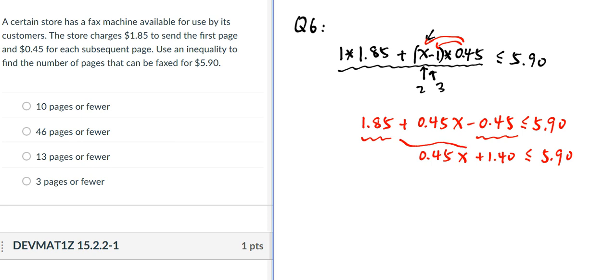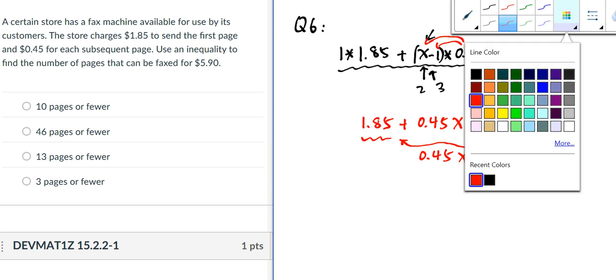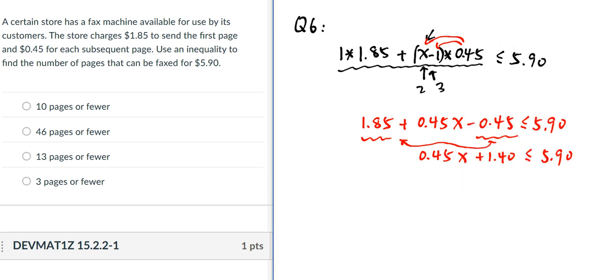Those two combine, these two. Now what you do is subtract 1.4 from both sides. So then you have 0.45 times x left over on the left. This one canceled, so you then have $4.50.